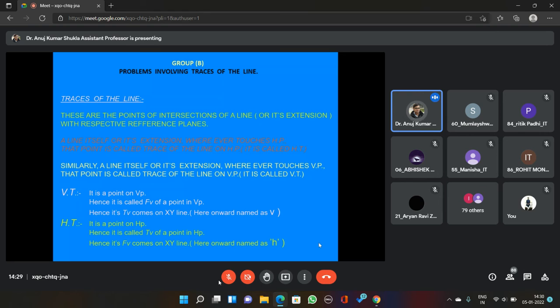Hence, its FV comes on the XY line. You have seen the picture already, here onwards named as H.